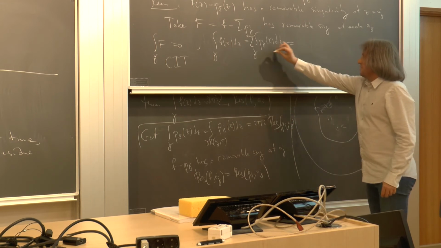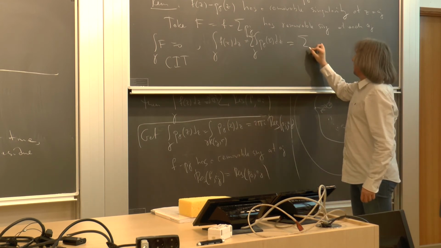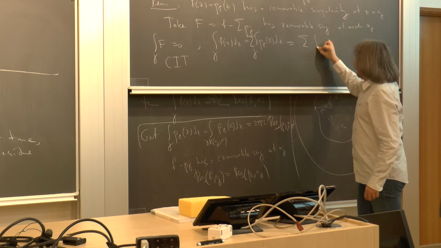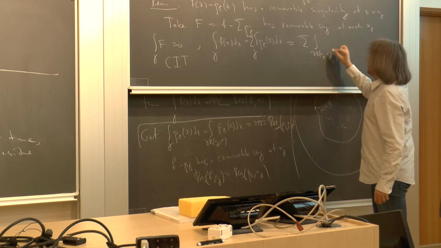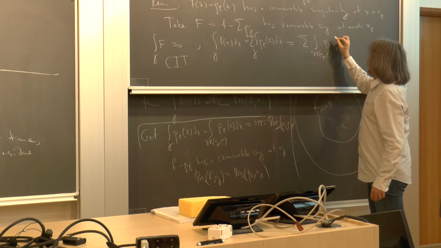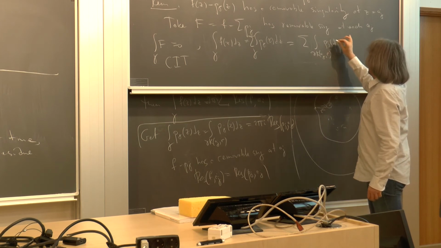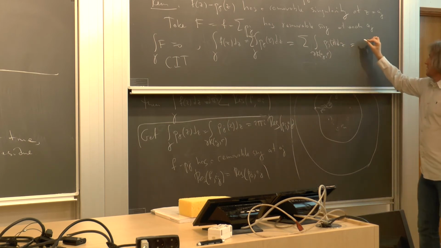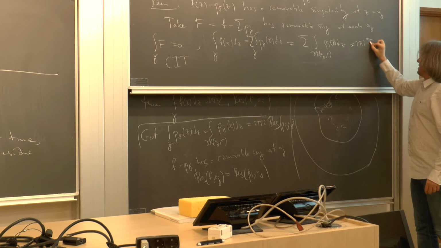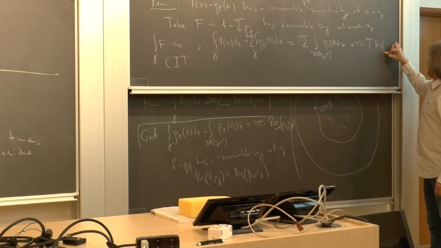It's the sum of integrals over the small circles around a_j of P_j of z dz. This is 2 pi i times the sum of residues of P_j at a_j.